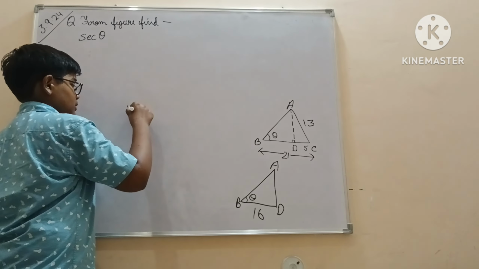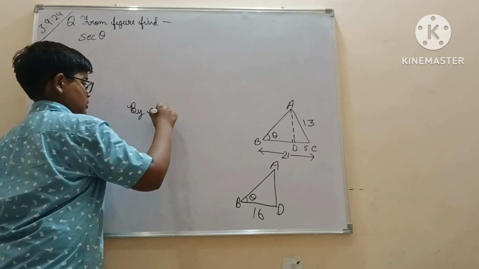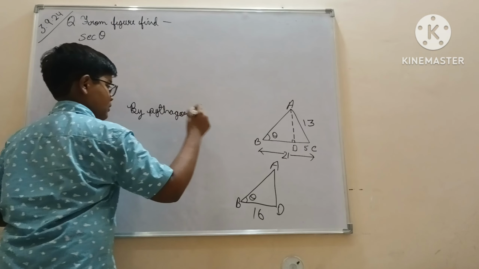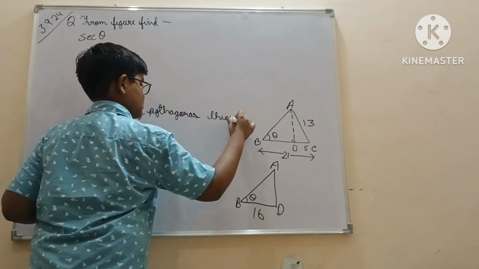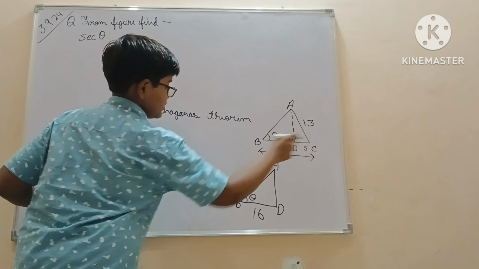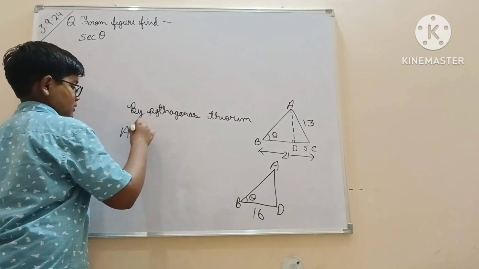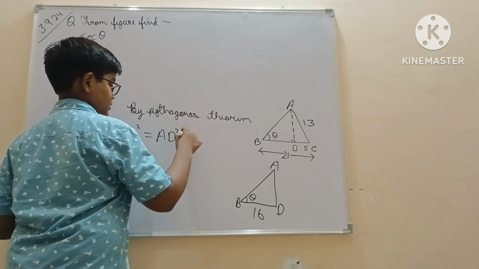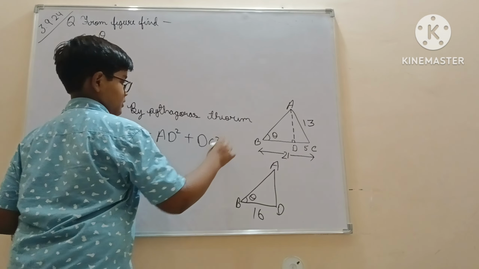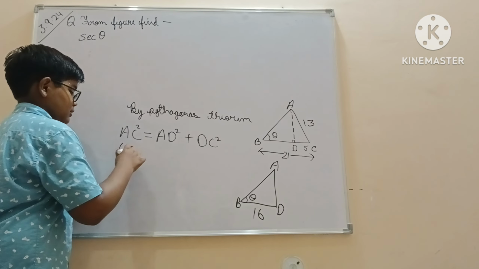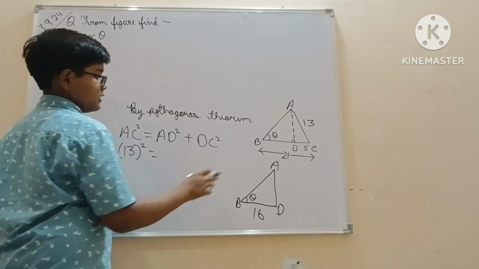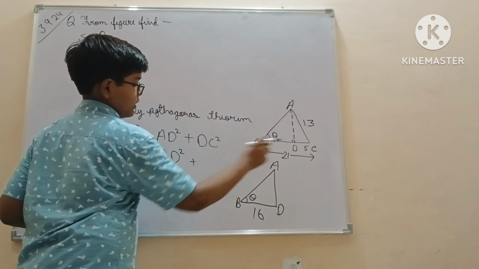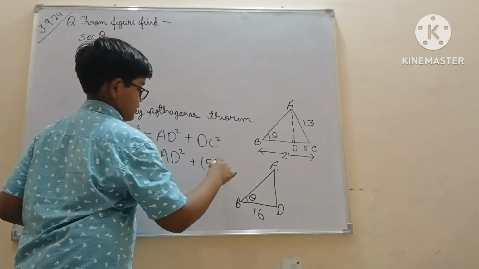By Pythagoras theorem, AC square is equal to AD square plus DC square. AC's value is 13, which will be whole squared. AD's value we have to find, so it will remain AD square, and DC square is 5 whole squared.